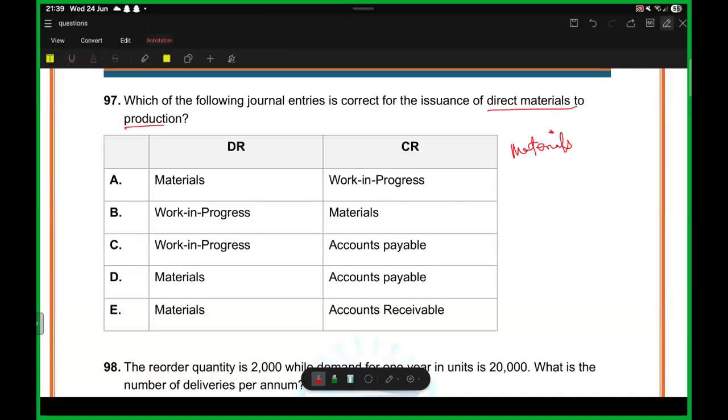The material is not fully worked on, so that material at production will become an inventory called WIP, work in progress. Accounting is debit the receiver and credit the giver. Material is given, so I'm going to debit the material account.